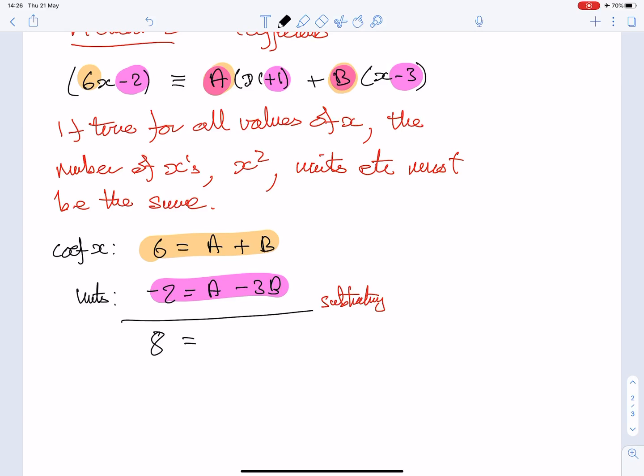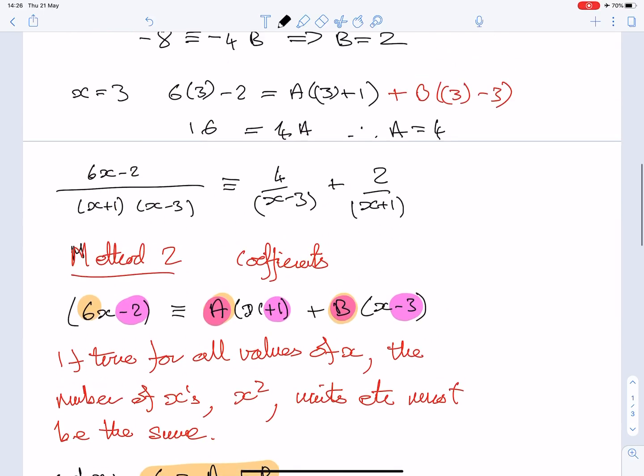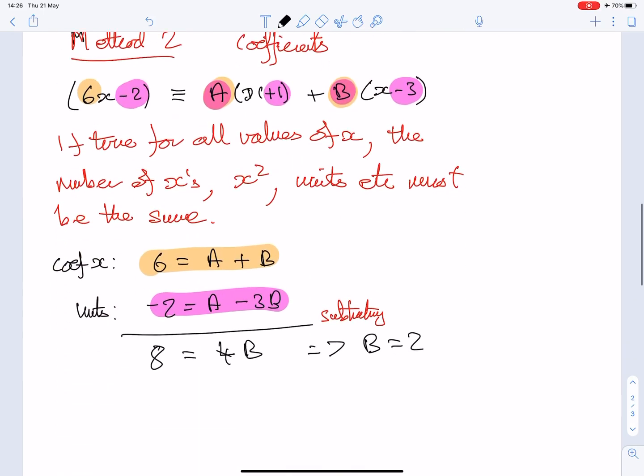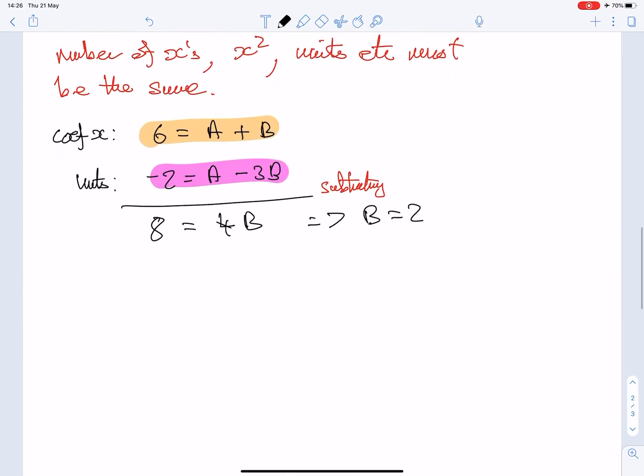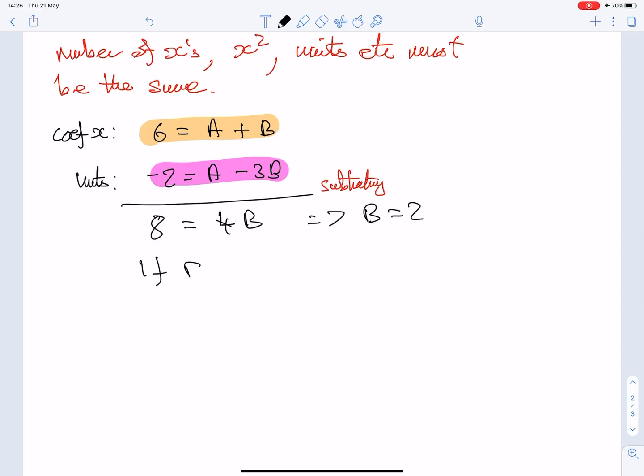B take away -3B is equal to 4B. Implies B equals 2. Is that the same as we got last time? Oh, good news. Okay, if B equals 2, then A must equal 4. Substituting back into either of the equations, it doesn't matter which you choose.